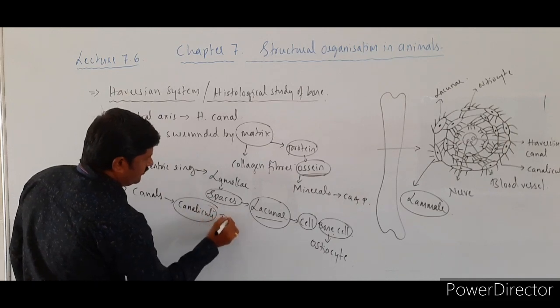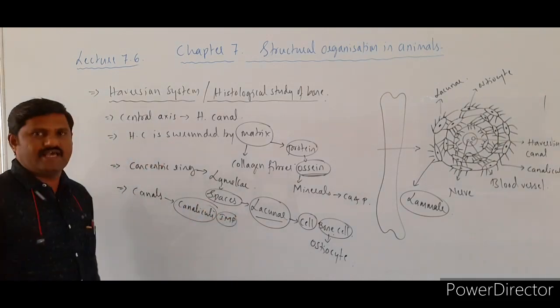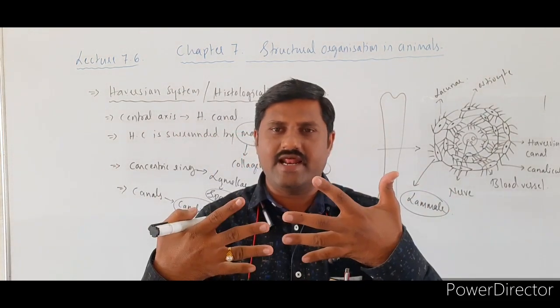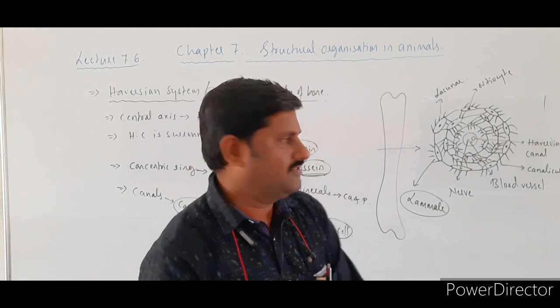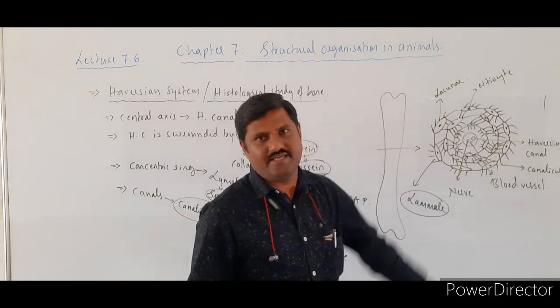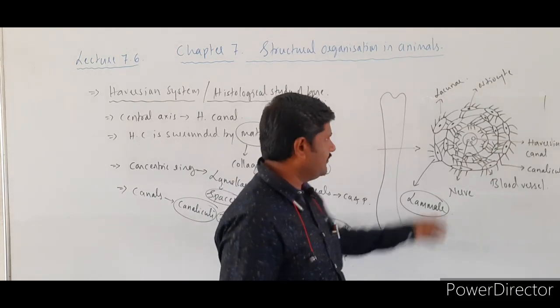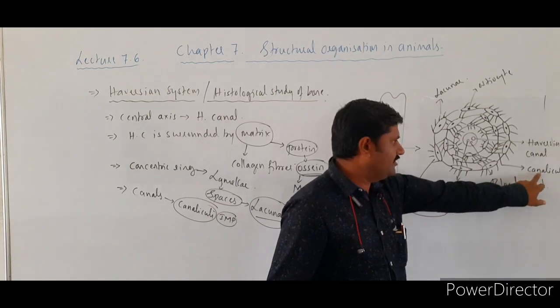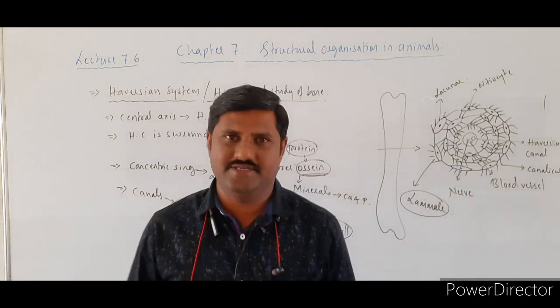A more important point to be noted over here, what is it called? Canaliculi. Many canaliculi interconnect the lacunae over here. So the nearer lacunae or neighboring lacunae over here, right? So is it very clear? And these are called canaliculi. You are seeing here canaliculi.